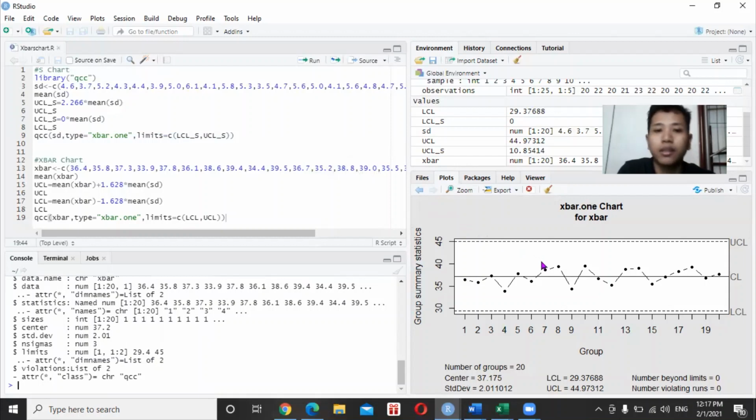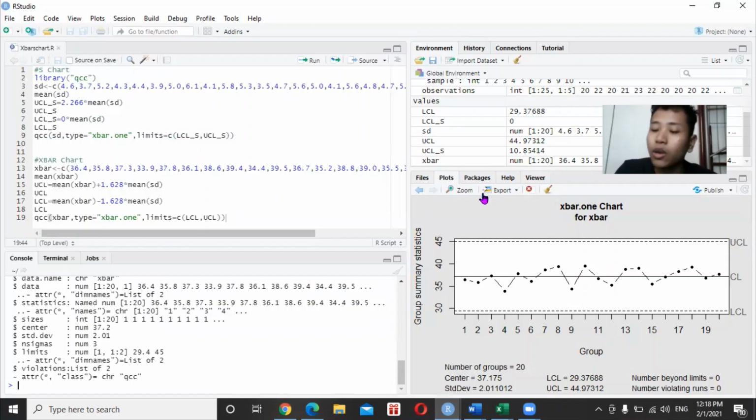This is the S bar chart. As you can see, all the 20 sample means are in the control limits.